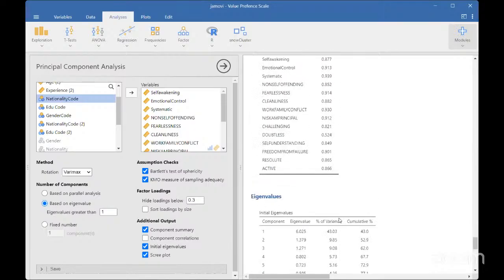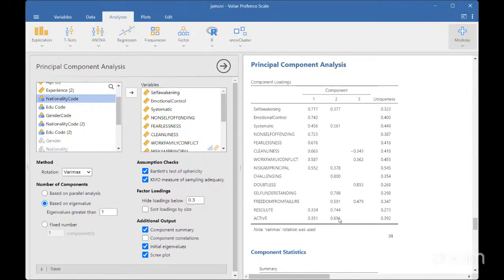Somewhere you write down self-awakening, emotional control, systematic, non-self-offending, to Nishkam principle. 1, 2, 3, 4, 5, 6, 7, 8. We have to check the reliability of the first component, okay?